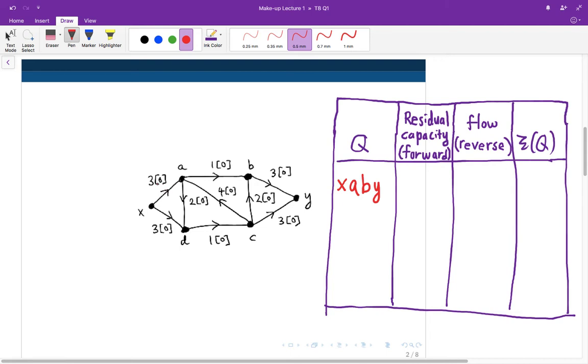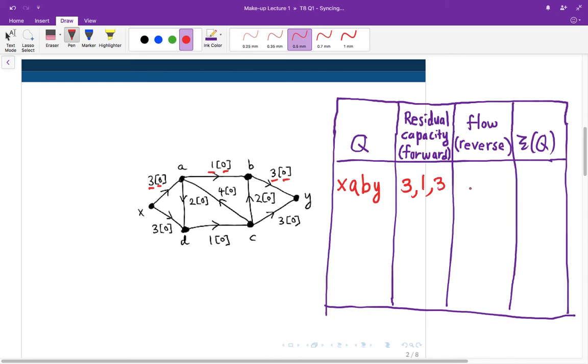And therefore, the residual capacity on the first arc is just 3, which is 3 minus 0. The residual capacity on the second arc is 1 minus 0, which is 1. And for the last arc, the difference is 3 minus 0, which is 3.